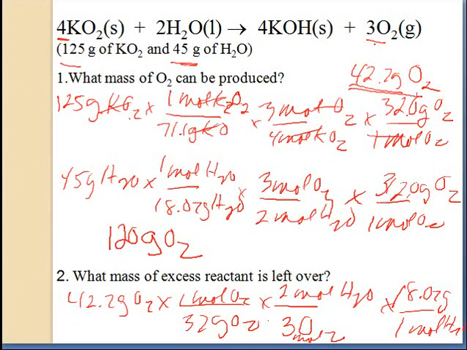When I do that, I get that I need 15.8 grams of water. Now if I had 45 grams of water, 45 minus the 15.8 grams that I actually used means I'm going to have 29 grams of water left over. Okay, we're going to stop there.